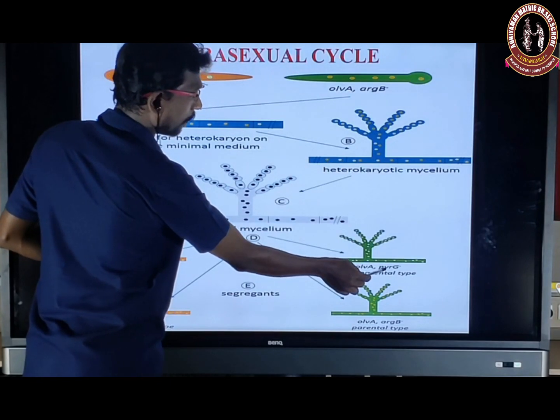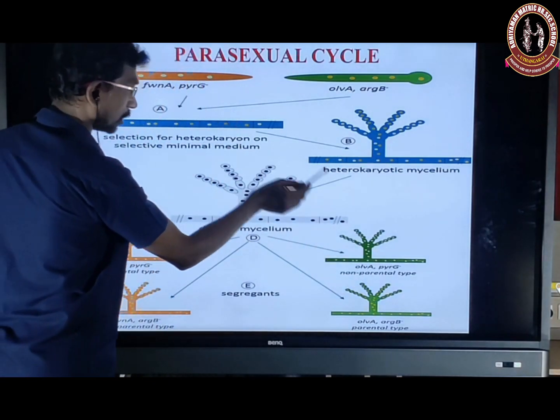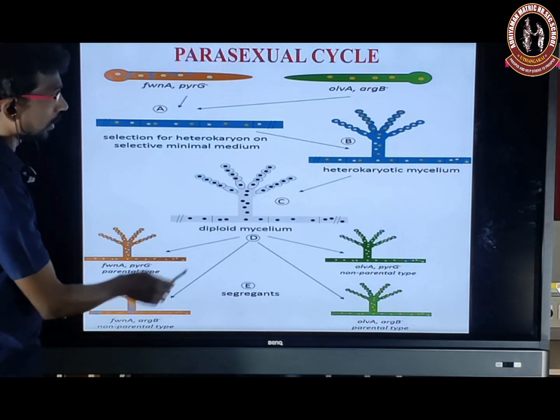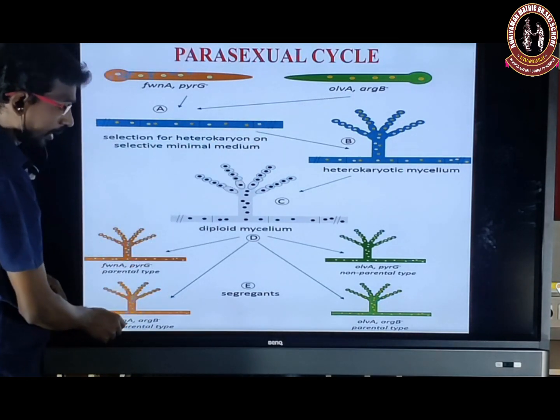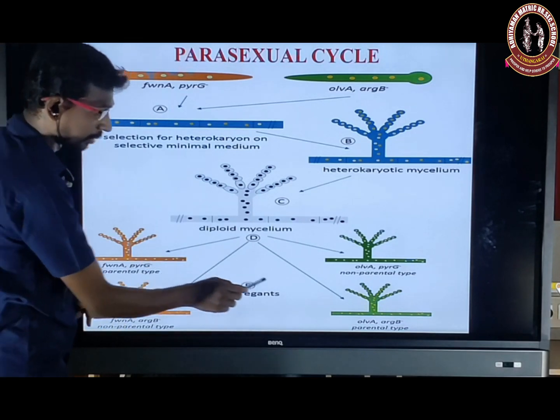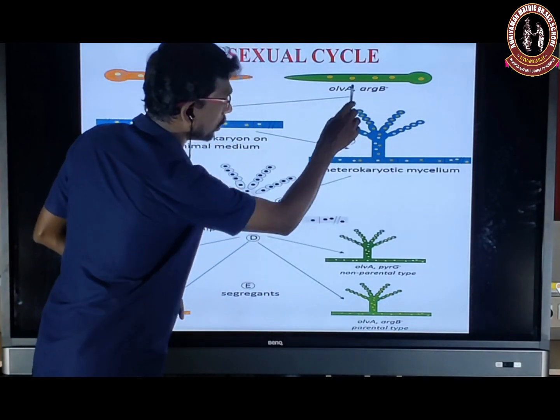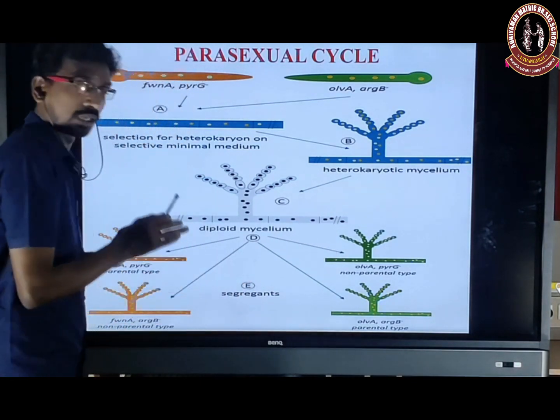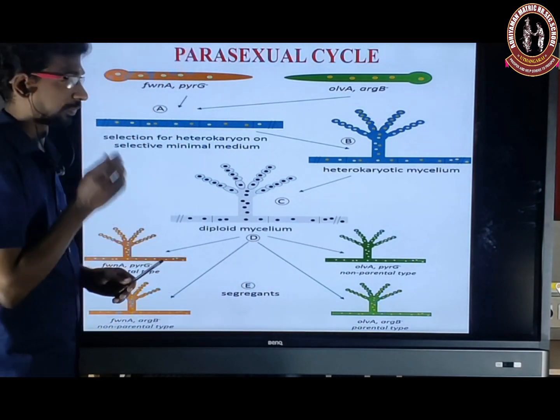OLVA, PYRG. So it is a recombinant variety. FWNA, ORGP is also a recombination. OLVA and ORGP is a parental. So this one is a parental, and these two are new recombinations.